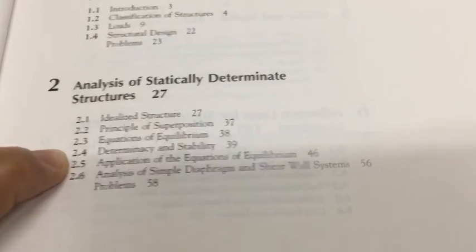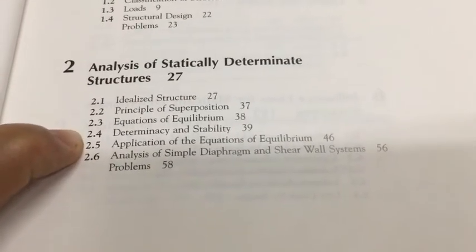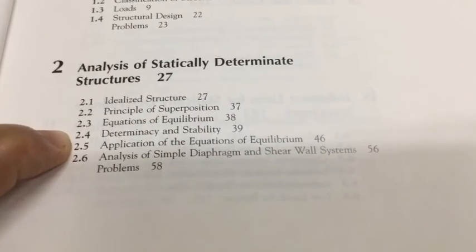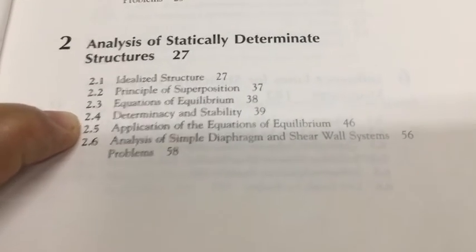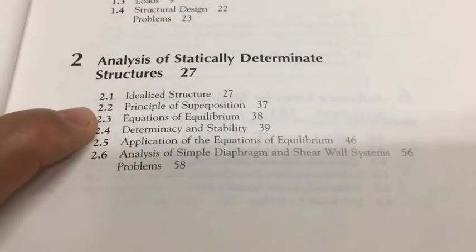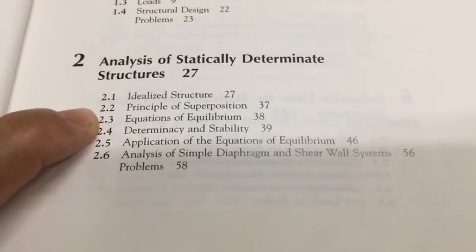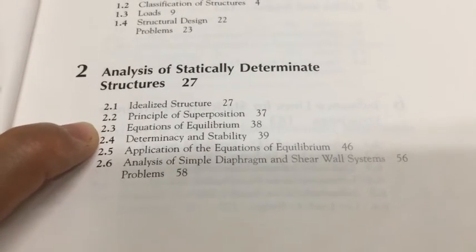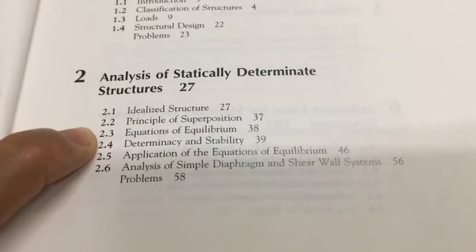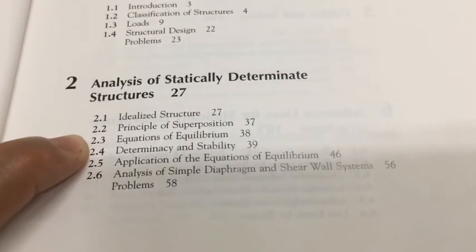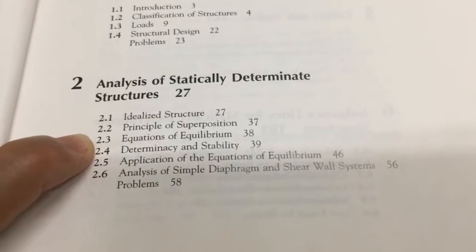And next, we're going to talk about the determinacy and stability of the structure. The structure that can be analyzed by using the free body diagram and the equation of equilibrium, we call the structure statically determinate. Most of the structures that we have until now are statically determinate.